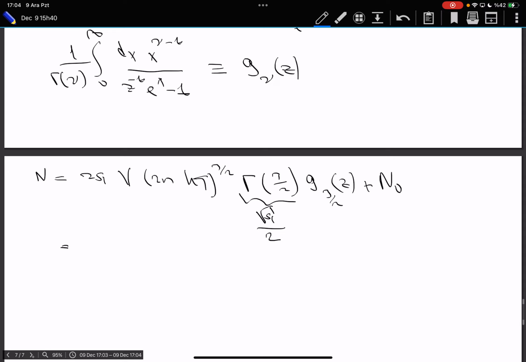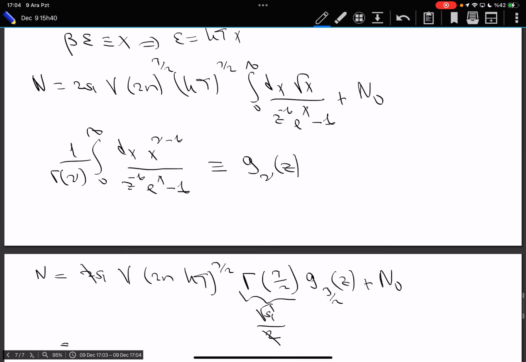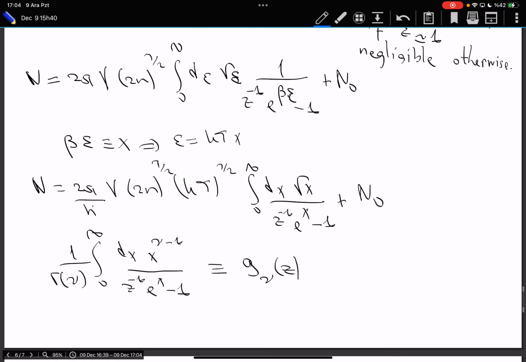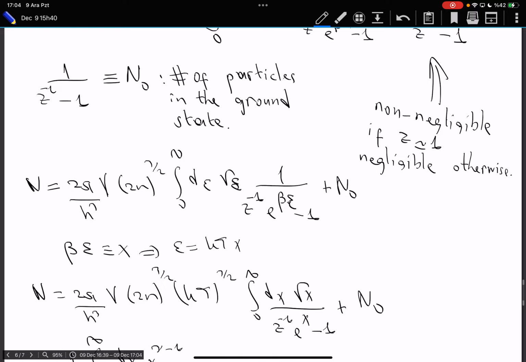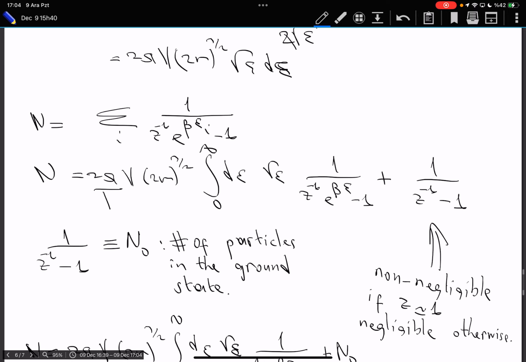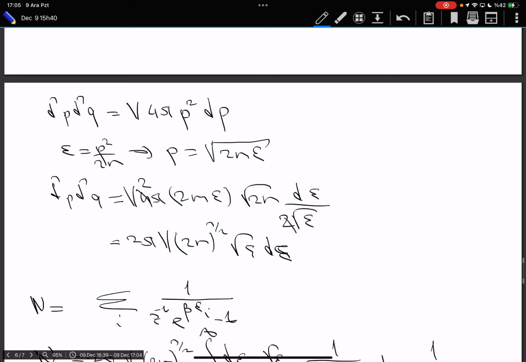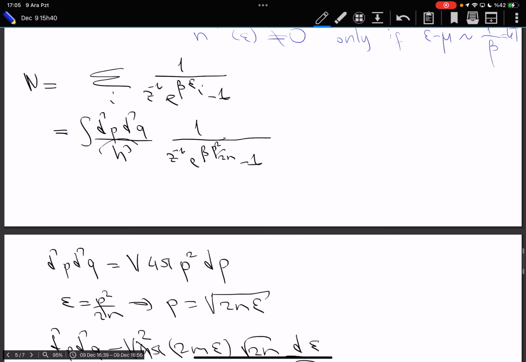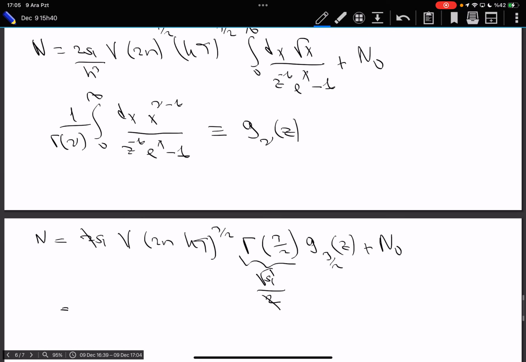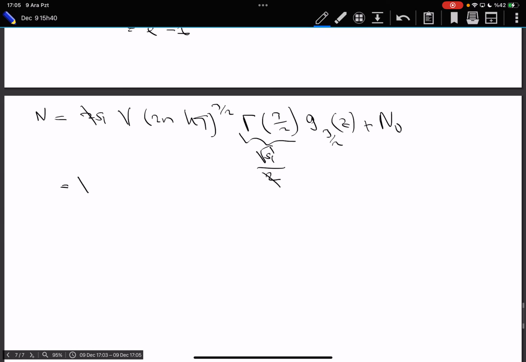So these twos cancel. Oh, by the way, I forgot an h cubed, because in this integral I have this h cubed. That is one factor I forgot. So this becomes V times (2m pi kT over h squared) to the power 3 over 2, g 3 over 2 of z, plus N0.